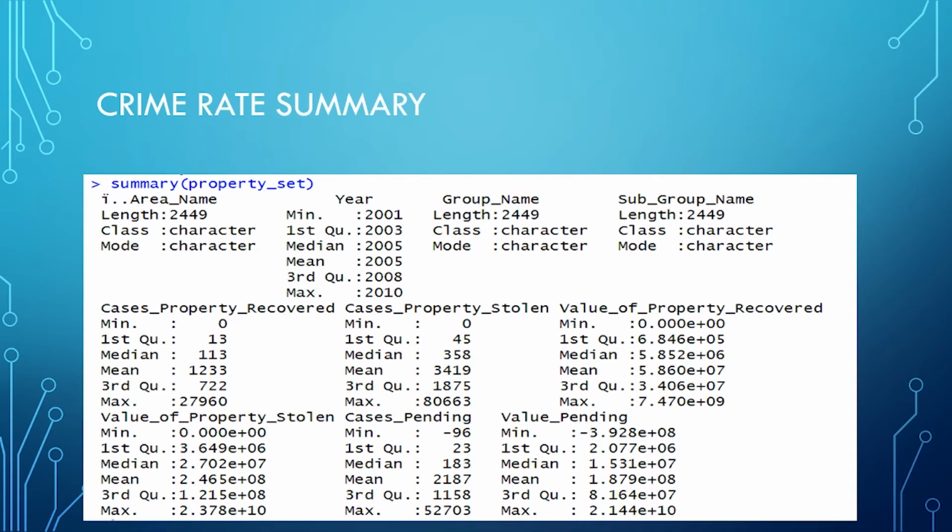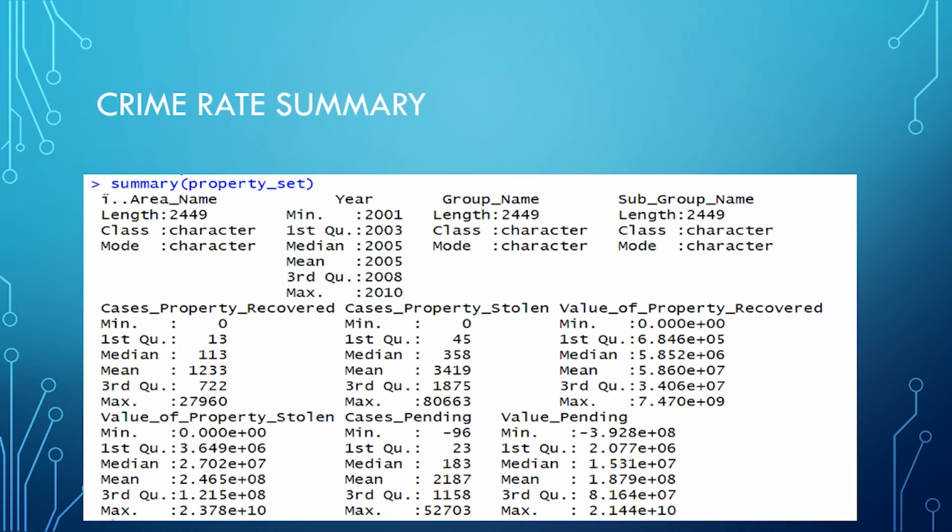Next, using summary function. It is actually the inbuilt function in R programming. It will just give you the minimum, maximum value, mean, median, etc. for each column in our data set. So we could see that the minimum year is 2001 and maximum year is 2010. And similarly for group name, it just displays the length and what are the input.